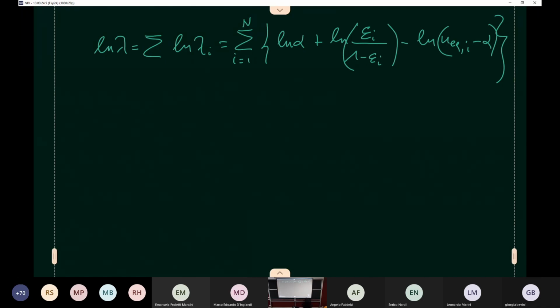Since these are logarithms, if you want to come back to an algebraic equation, you will have a product of different terms with alpha, and so an equation of high degree in alpha, in particular of order n, so you have n solutions in general, and one could be better than the other.